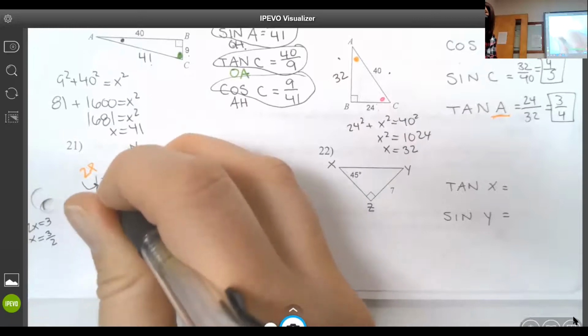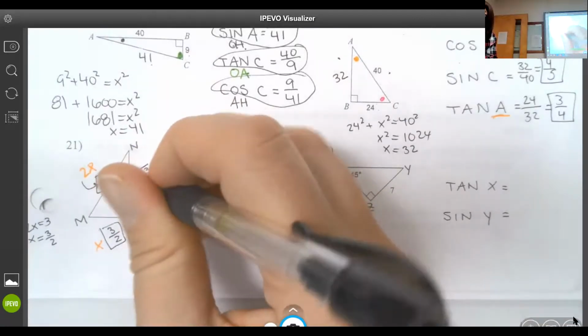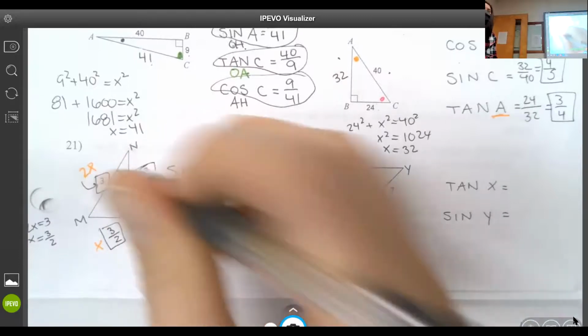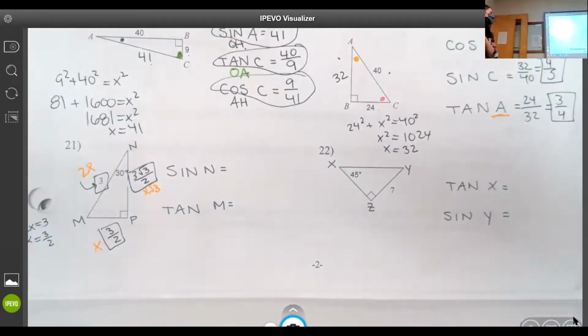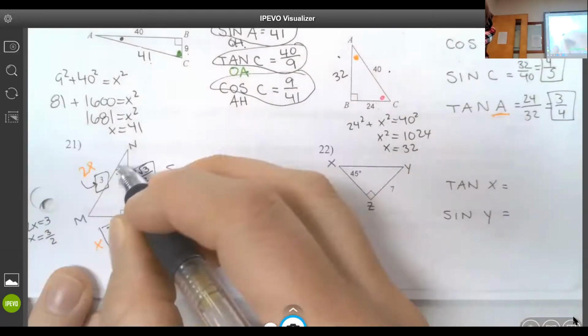So I have 3 here, 3/2, and this would be 3 rad 3 over 2. I don't even think that, well, let's see, sine of m. It's going to be messy. Tan of m, I'm not even going to worry about. I'll fill these in for you, but I wouldn't give you something that's quite this involved.